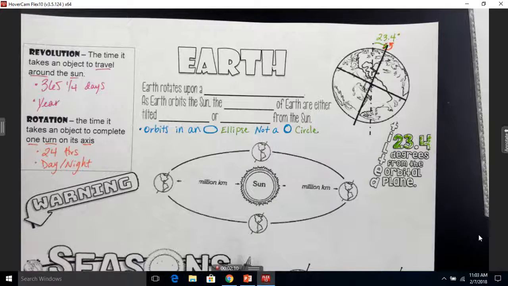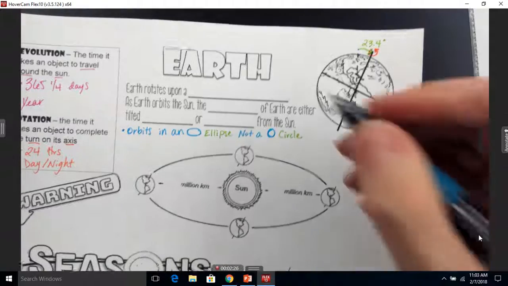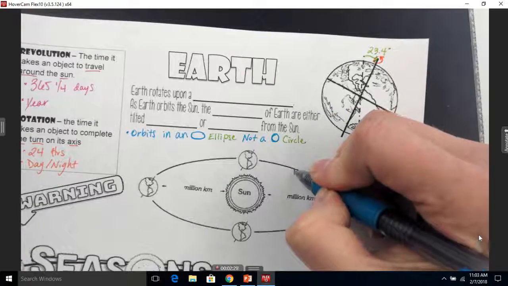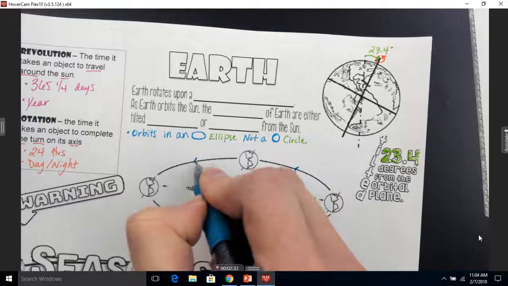Does anyone know the direction that we would do that in? Clockwise? Counter? Both? Yeah, it's counterclockwise.